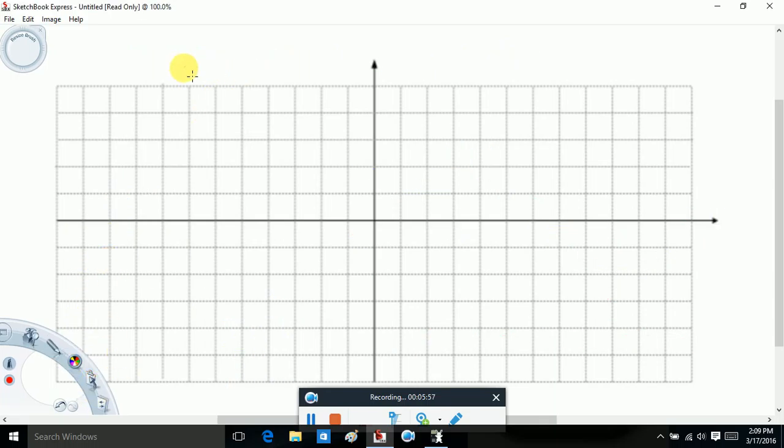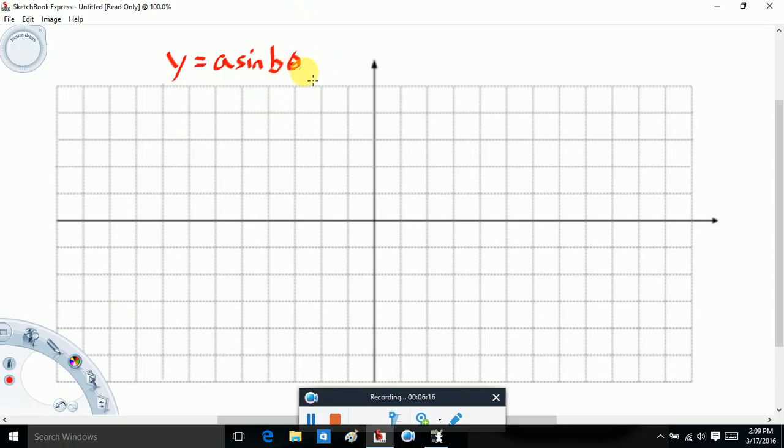So the absolute value of a is the amplitude. And 2 pi over b is the period.